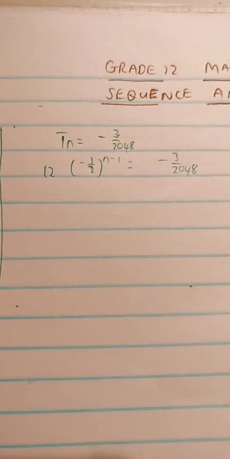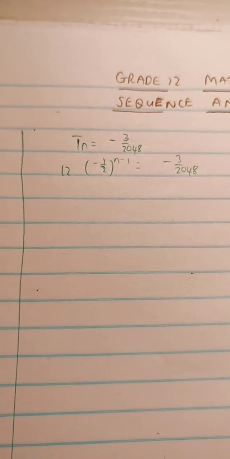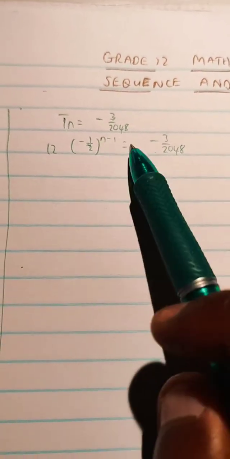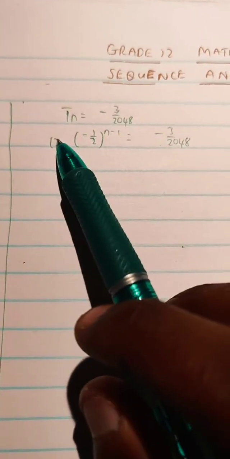It's no different from what we've just done now. We take that Tn there. Then after this, we divide both sides by 12 because that's the coefficient.